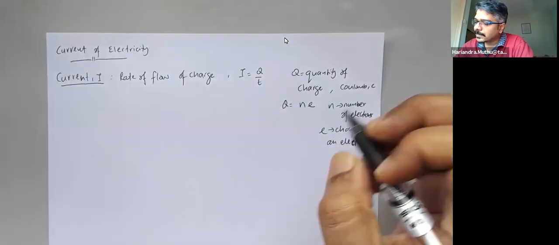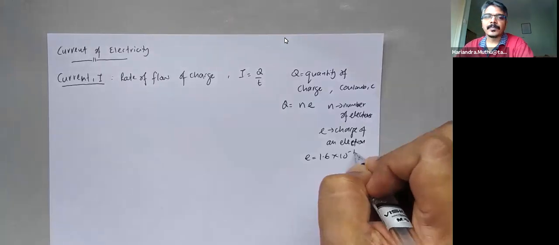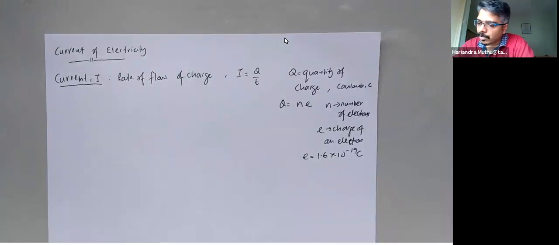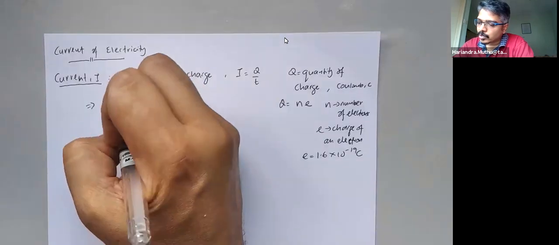And e carries a value of 1.6 times 10 to the negative 19 coulomb. So therefore, I equals Q over T, Q equals It.